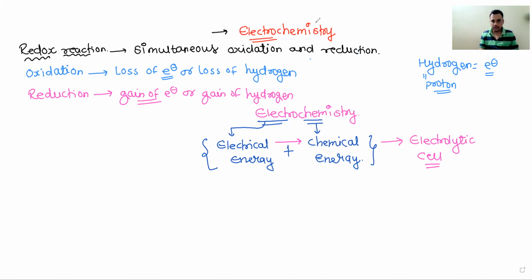And when we convert chemical energy into electrical energy, this part is referred to as a galvanic cell or voltaic cell. So what exactly is electrochemistry?